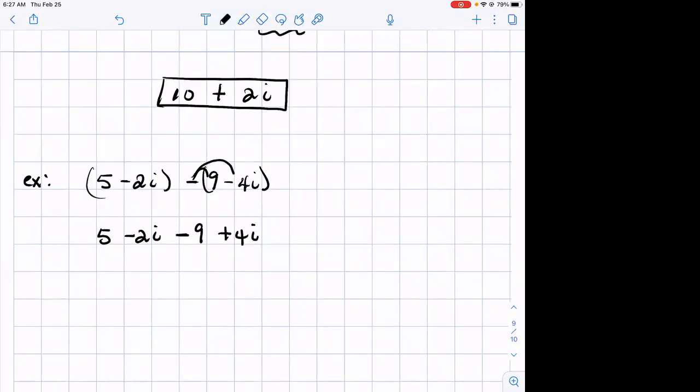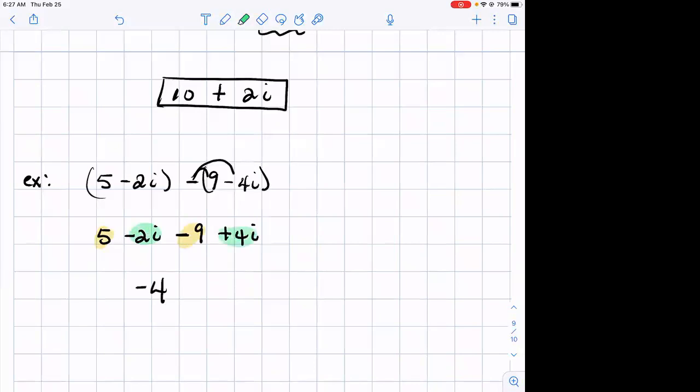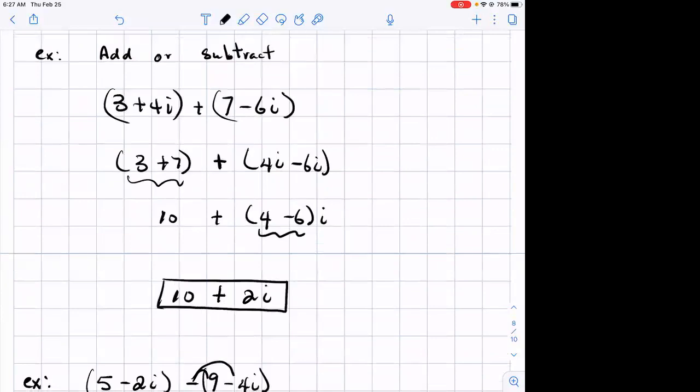And then you combine like terms, okay? So 5 minus 9 is negative 4, okay? And then we have minus 2i plus 4i, and that becomes positive 2i. So it's really the same as adding or subtracting polynomials, right? And we could have done that over here too, just get rid of the parentheses.